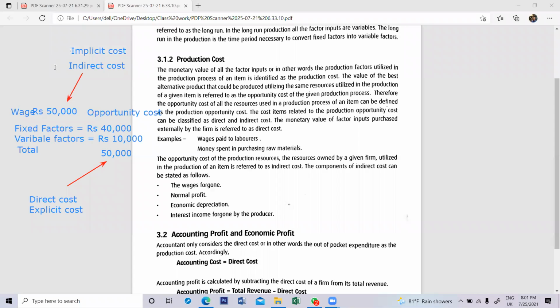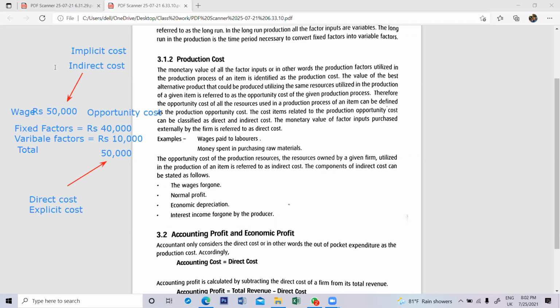So the implicit cost or indirect cost is opportunity cost. Actually, once he starts a business, he spent 50,000 only. There is a clear financial outflow, but indirect cost means not a financial loss, but opportunity cost.